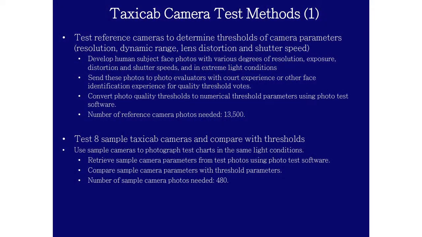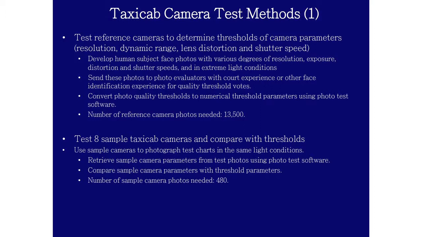The method to test the taxi cab cameras is, first, to test the reference camera to obtain the parameter thresholds, and second, to use these thresholds to test the 8 sample cameras.